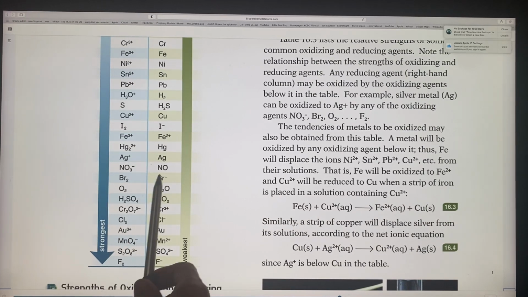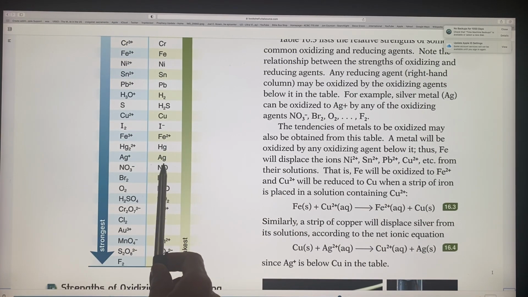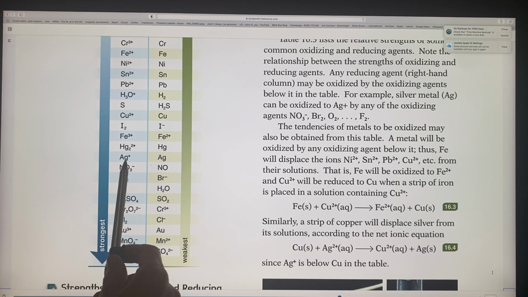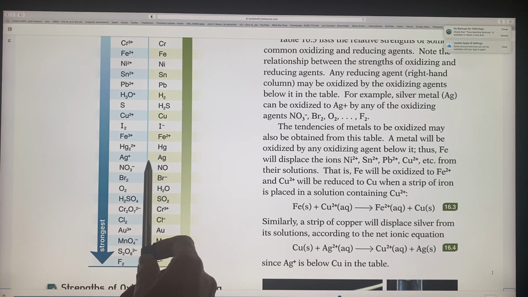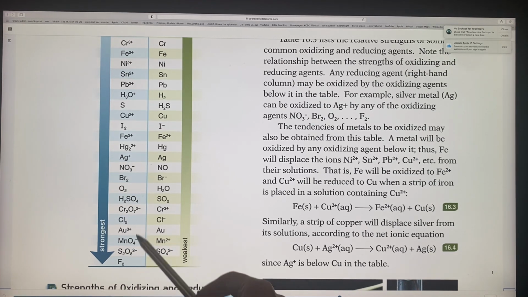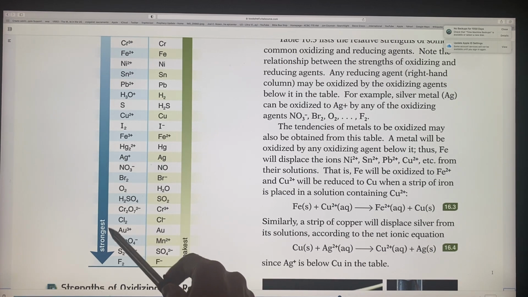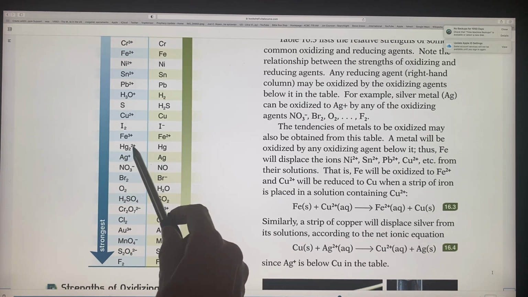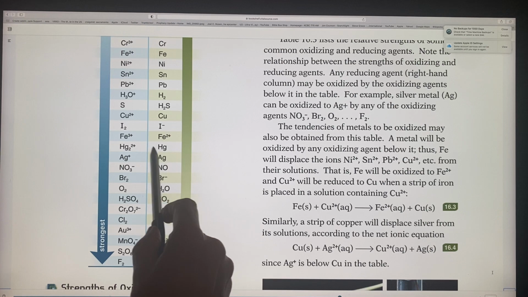So here's silver. Silver can be oxidized to the ion of silver by any oxidating agents that are below it, not above it. So that means it can be oxidized. All of these agents down here below it, it always has to be below it. They can be oxidating agents to oxidate silver.